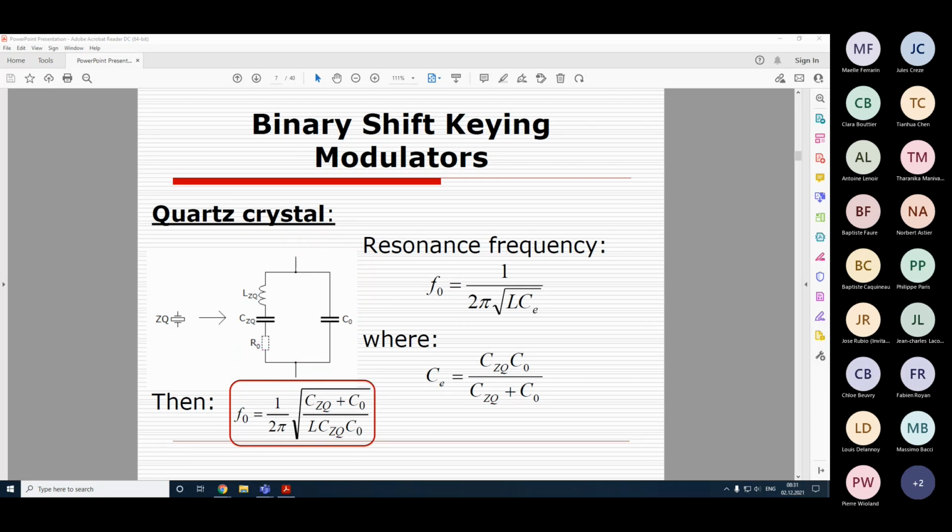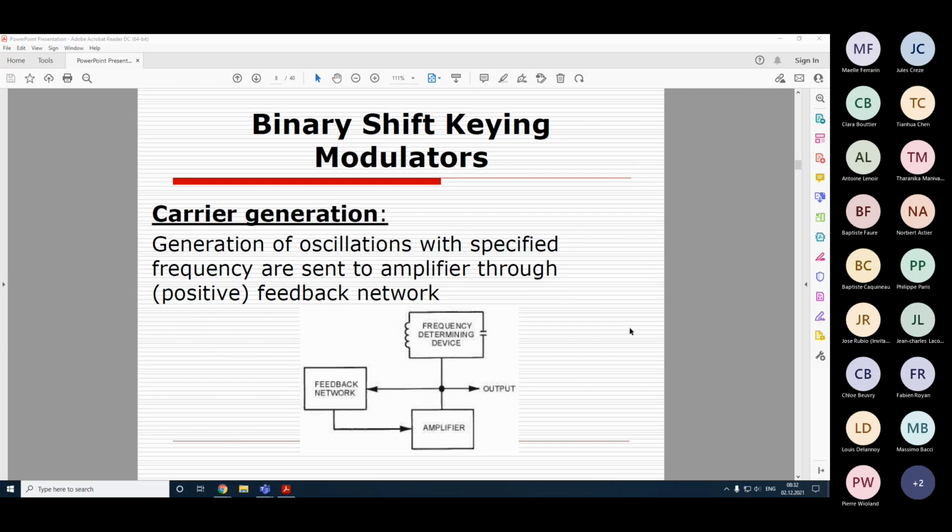Yes, so the quartz is just a part of the generator. For the generator, we also need a feedback network and amplifier to work as a generator. So as you know, an amplifier can have a feedback network.